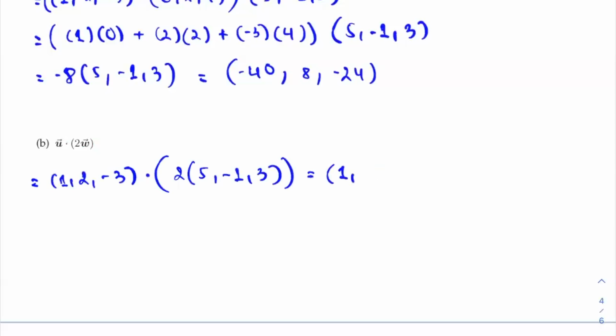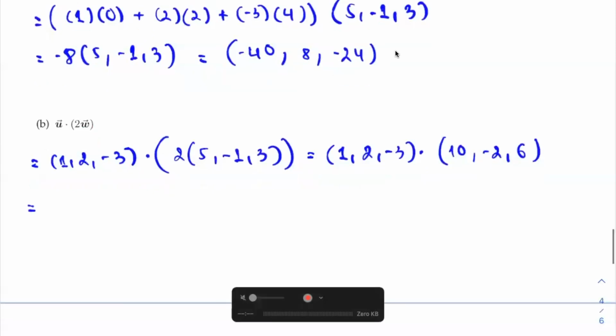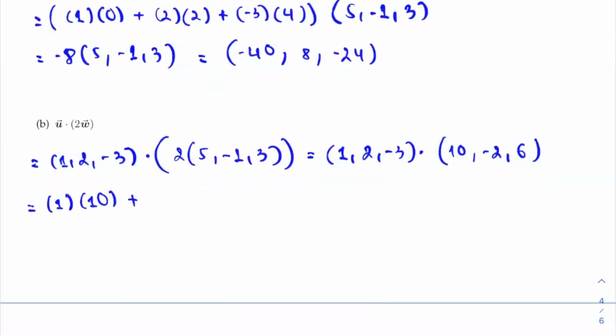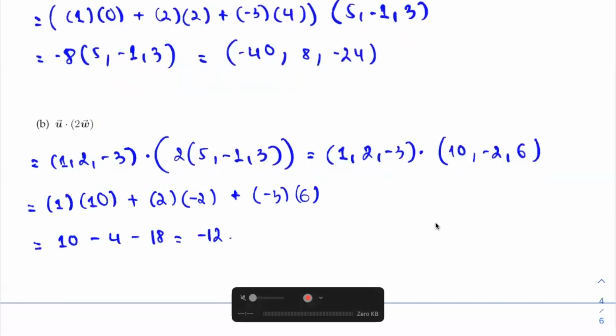So now I have 1, 2, negative 3 dot with the new vector 10, negative 2, 6. Now I perform the dot product, and I get 1 times 10 plus 2 times negative 2 plus negative 3 times 6, which is 10 minus 4 minus 18, equal to negative 12. So that's some quick calculations on the dot product.